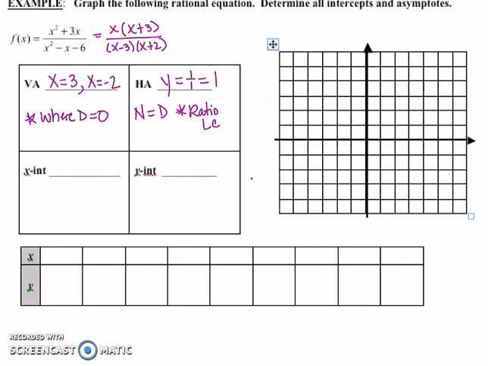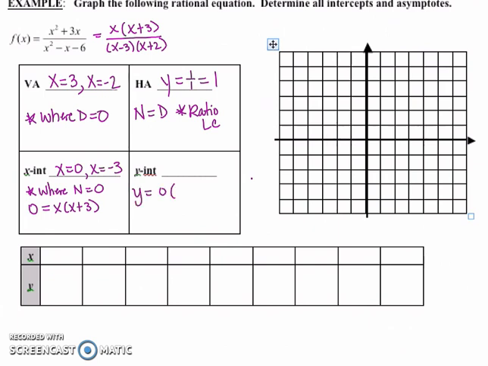So I'm going to have a horizontal asymptote at y equals 1. My x-intercepts are going to be where my numerator equals 0. So 0 is equal to x times x plus 3. That tells me that I'm going to have an x-intercept at 0, and an x-intercept at negative 3. And then my y-intercept is what I get when I plug in 0 for my x's.